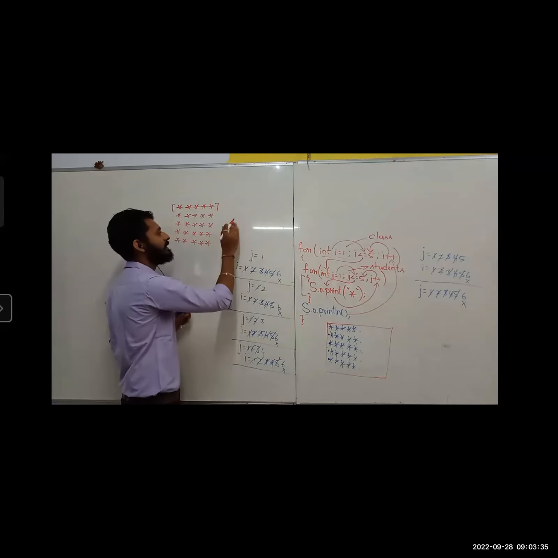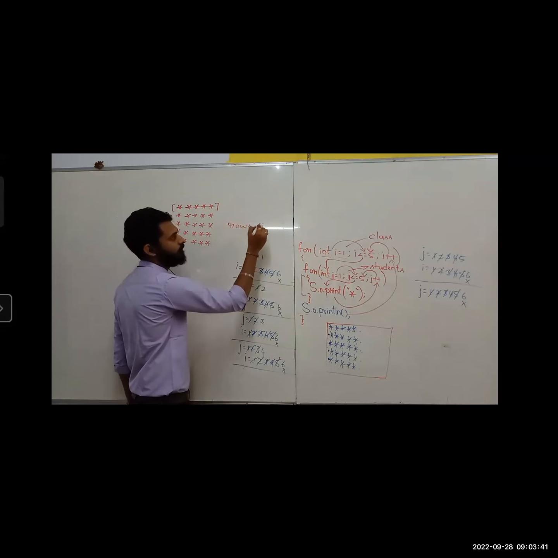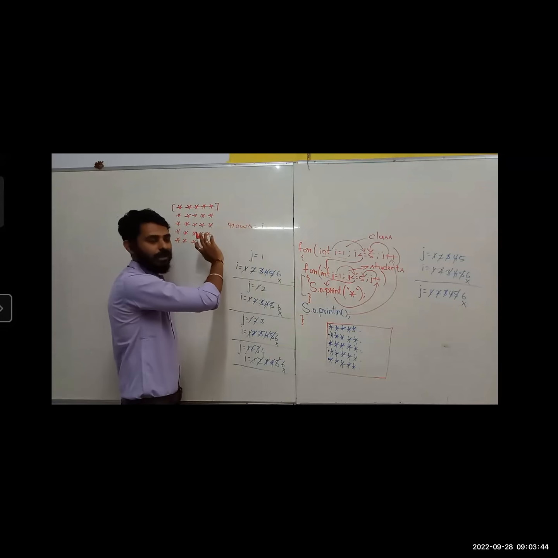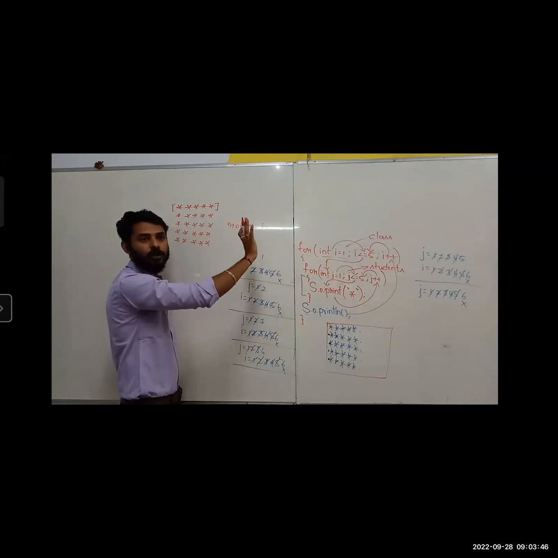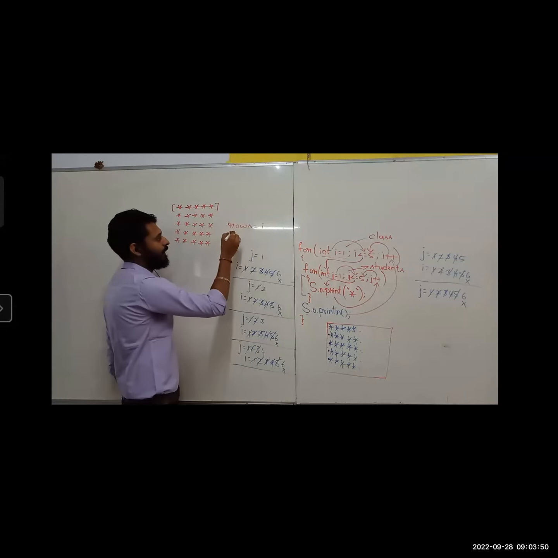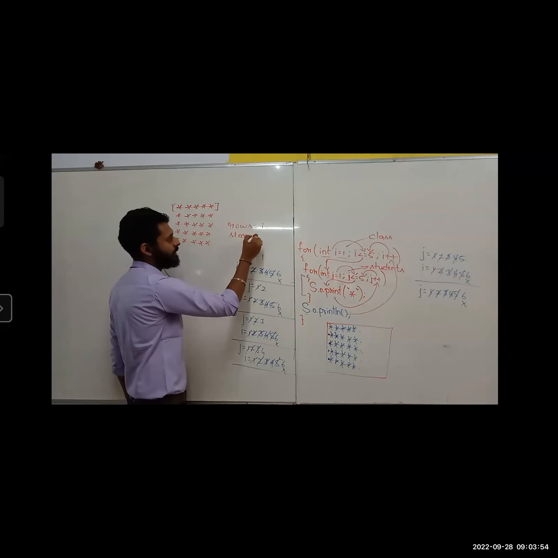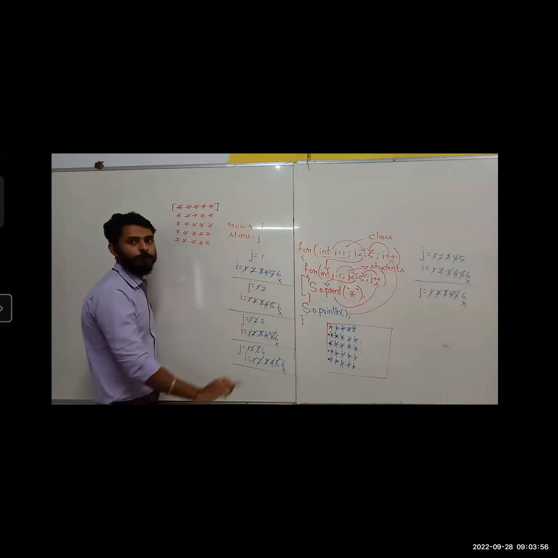You are also saying, sir, it is already done in college. There is something different. First, you write this. And in each row, what you are finding? 5 stars. Directly, you are finding only how many stars?